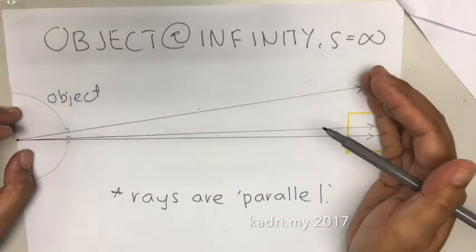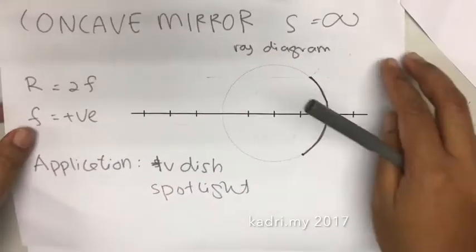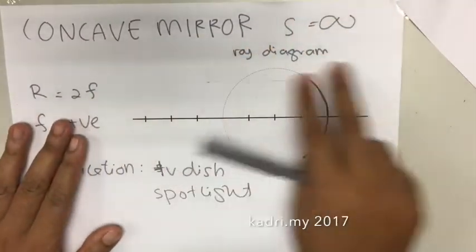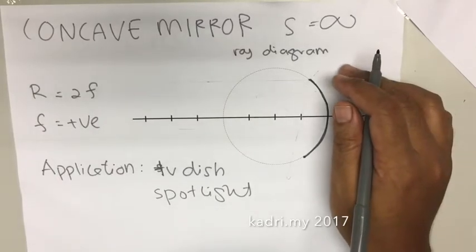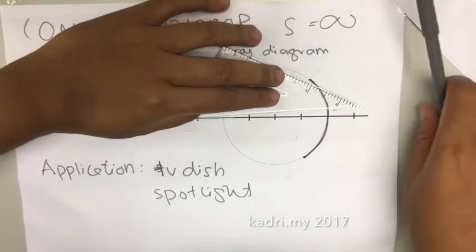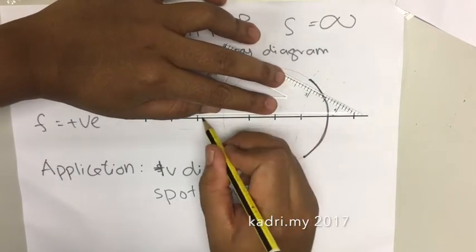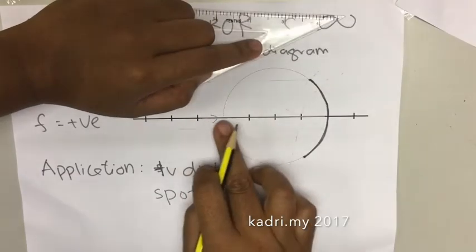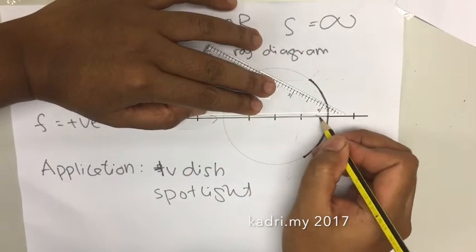What will happen to the reflected ray? What we want to do is predict what will happen to the reflected ray. So let's consider first the first ray coming in this direction toward the mirror.